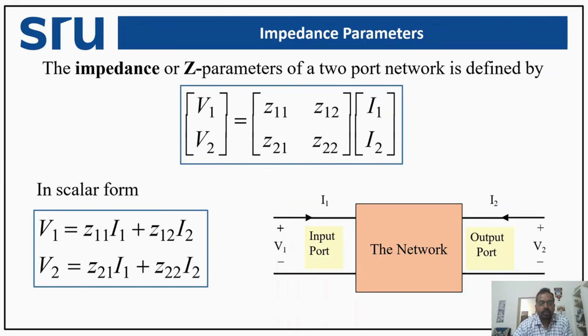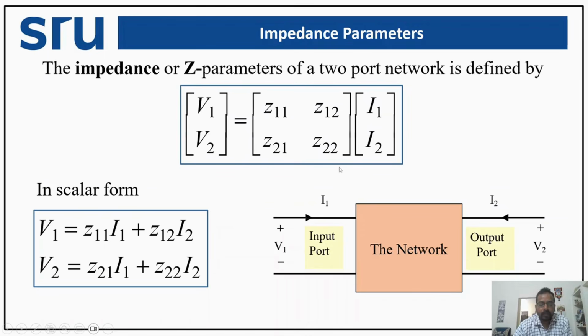Now, instead of writing these two equations separately, we can write them in a more compact and elegant matrix form, which is written over here. We write the voltages V1 and V2 as a column vector, and I1 and I2, which are common to both equations, as another column vector.